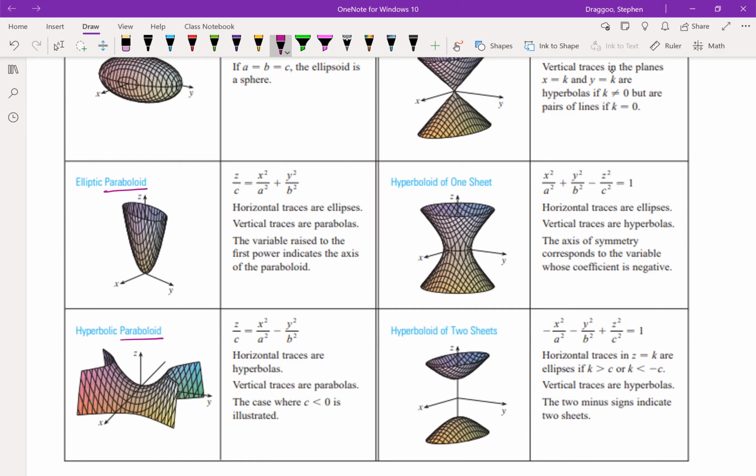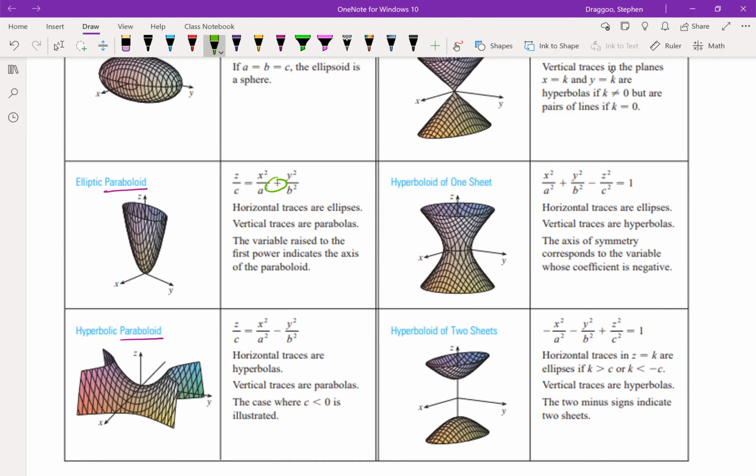So our inside function is x squared plus y squared, so z equals x squared plus y squared, so that our traces look like ellipses, as opposed to a hyperbolic paraboloid, where we want our traces to look like a hyperbolic shape instead of a parabolic shape.